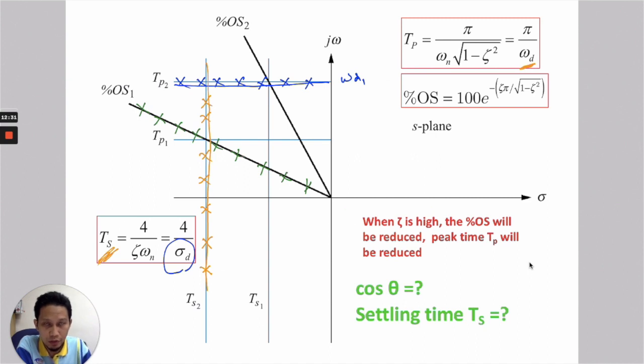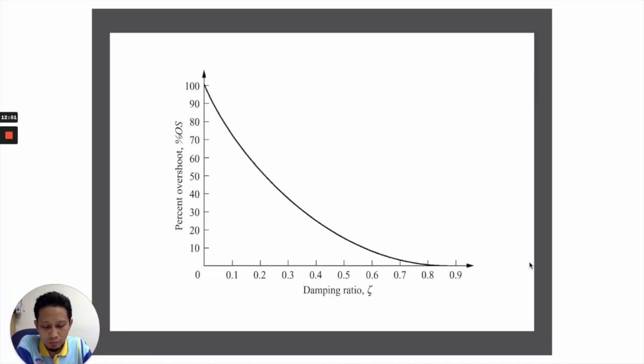Zeta and percentage overshoot are inversely proportional to each other. And peak time will be reduced. So when we have percentage overshoot that is reduced, the peak time also will be reduced. This is the relationship between the percentage overshoot and zeta.